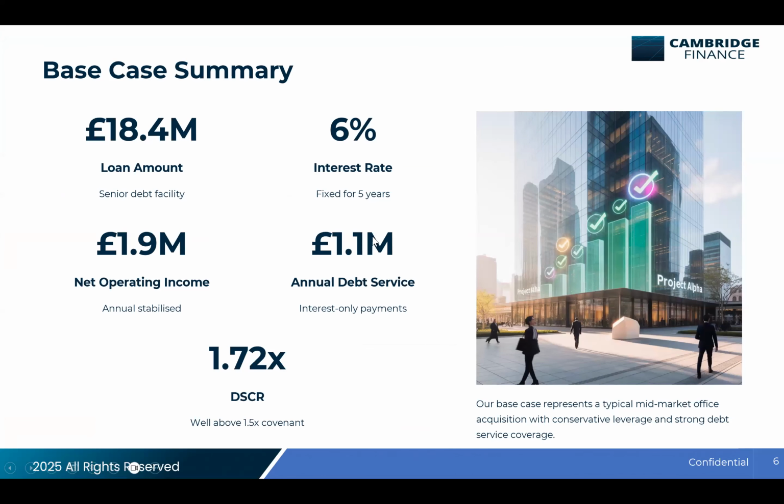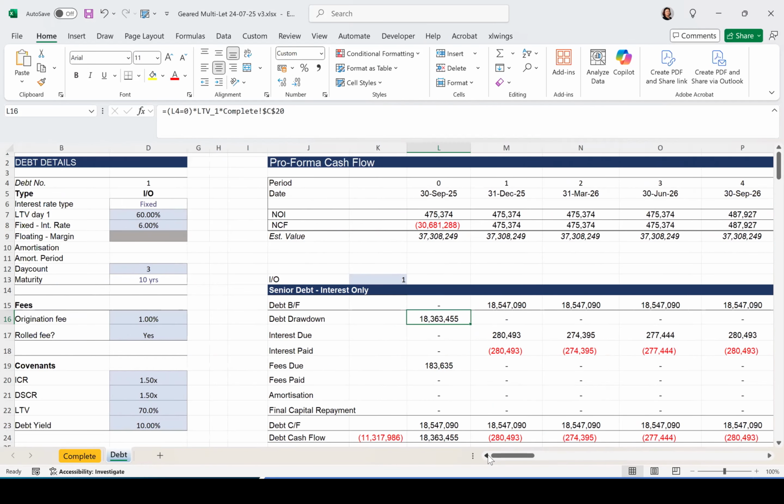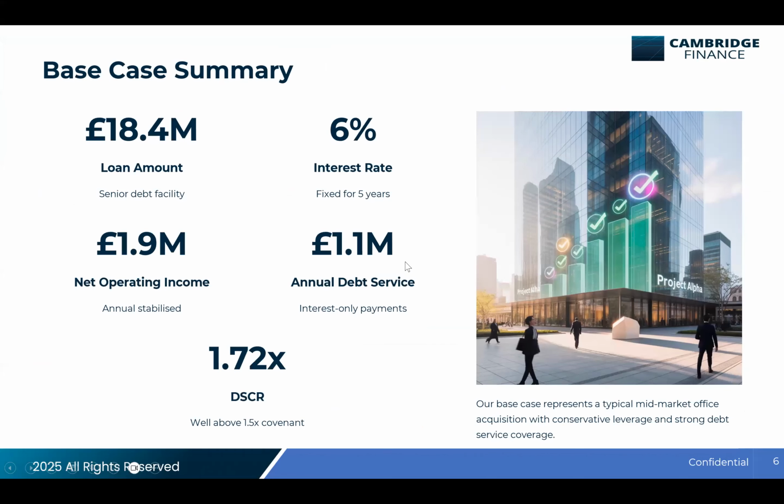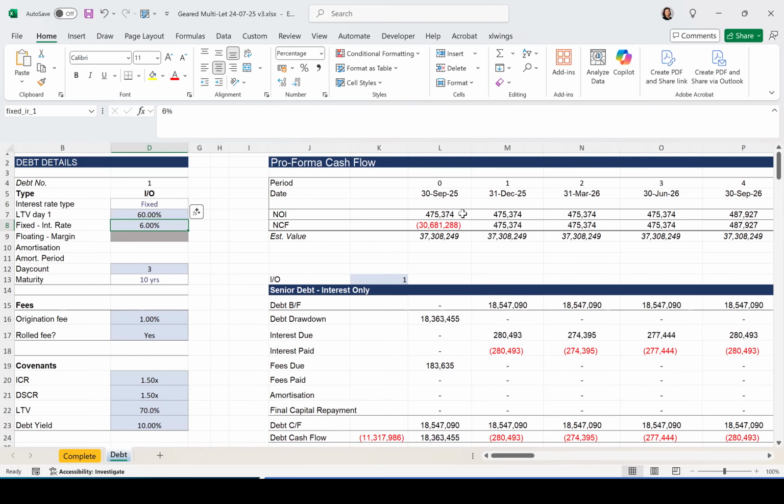That's the loan amount, which means a 60% day one loan to value. And a 6% interest rate. So that's our base case. And 1.9 million is your net operating income for the first year.